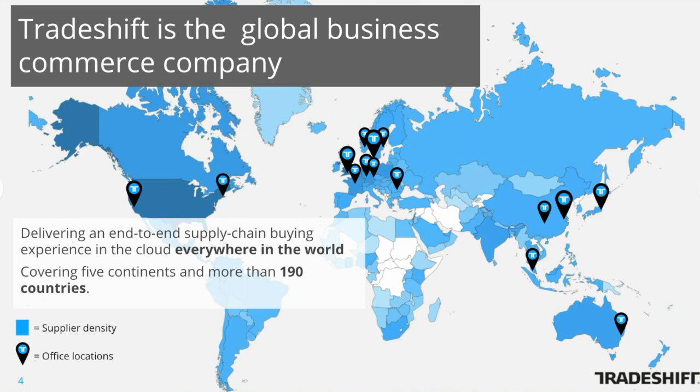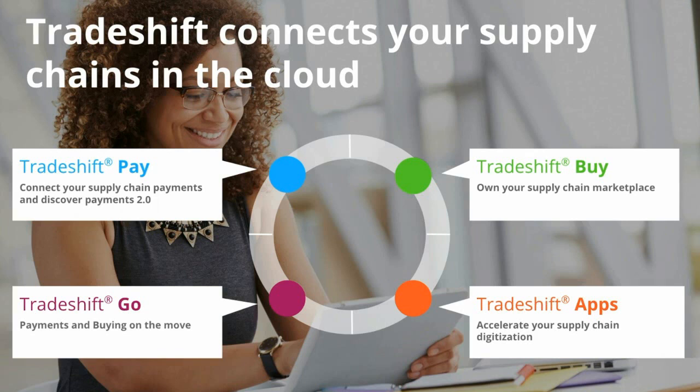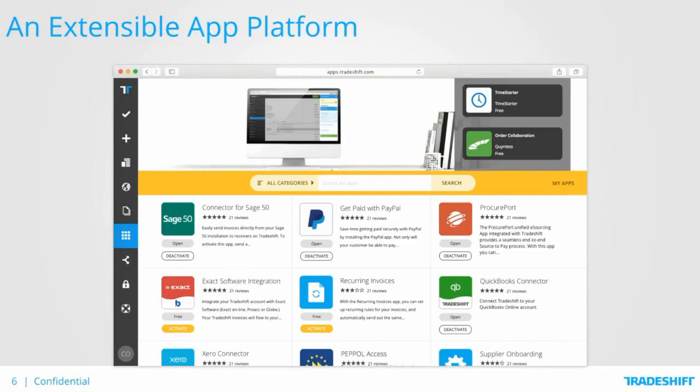We have offices spread all over the world, over 500 enterprise-level customers, and over 1.5 million connected companies in 190 countries. We have a full range of supply chain solutions, along with an extensive app infrastructure, similar to the App Store, offering a rapidly expanding range of third-party applications built on our open app interface, offering a wide range of functionality to extend and support buyer and supplier business needs.